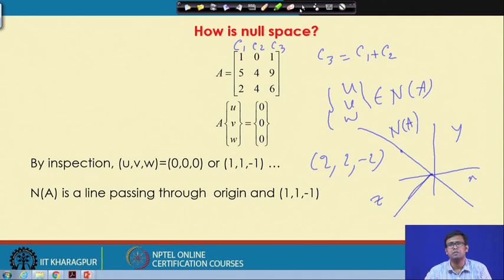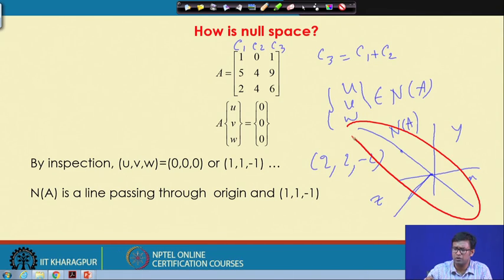My question becomes how to find the null space for a larger matrix or for any general matrix where we cannot make a simple inspection-based decision on the solution as we have done here. The next important thing is that we can see that the null space here is a straight line. So, we will know that though Ax equal to 0 has infinite solutions, all these solutions will fall on that particular line.